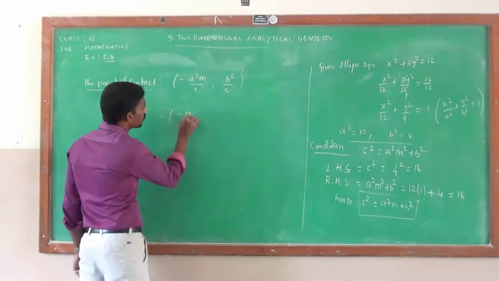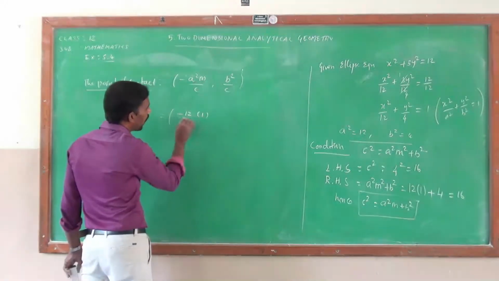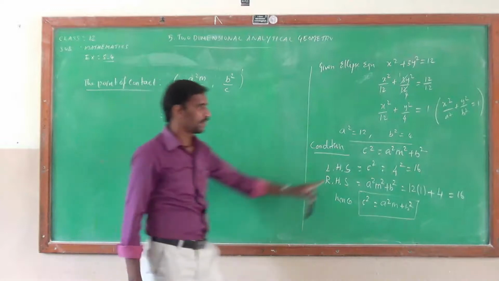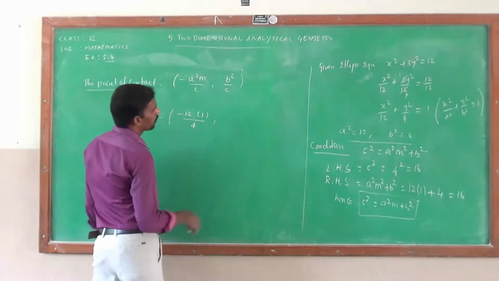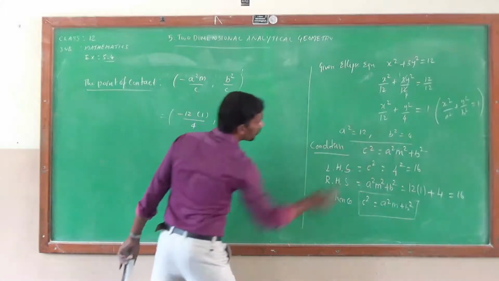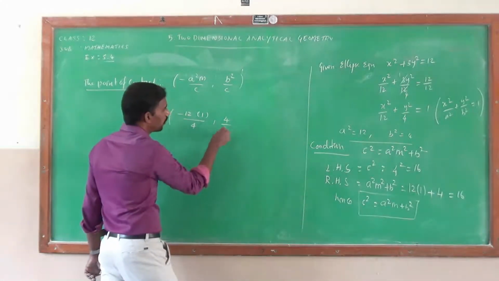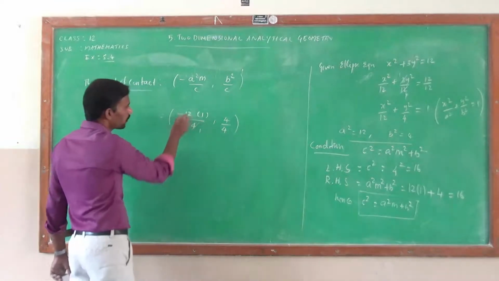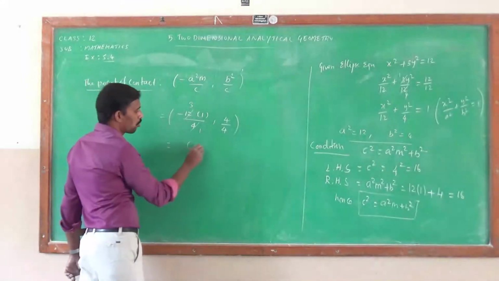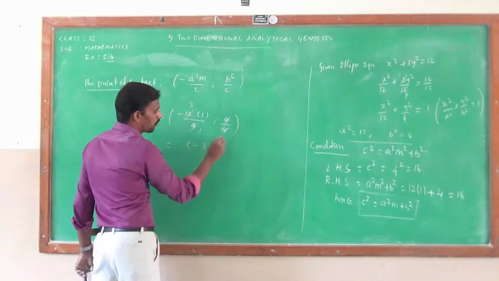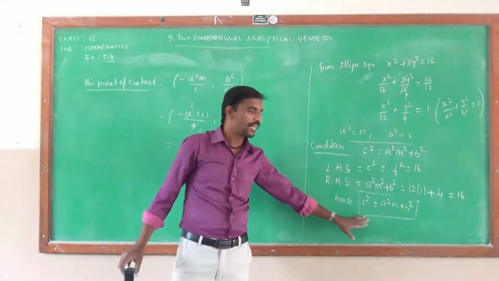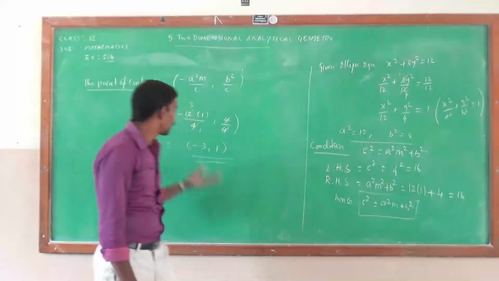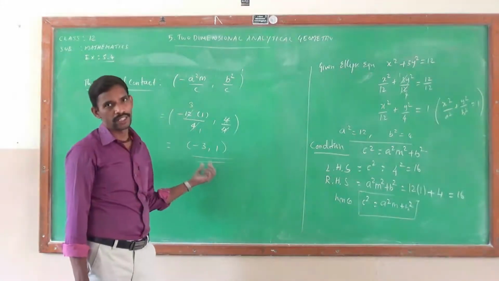So minus 12 into 1, m value 1 and c value is nothing but 4. Then b square, that is 4, c value also 4. 1 four is 4, 3 fours are 12. So the answer is minus 3 comma 1. So the conditions are satisfied and this is the point of contact.